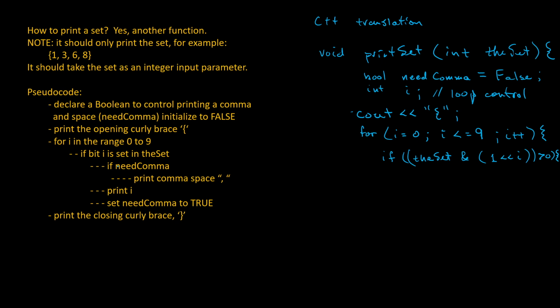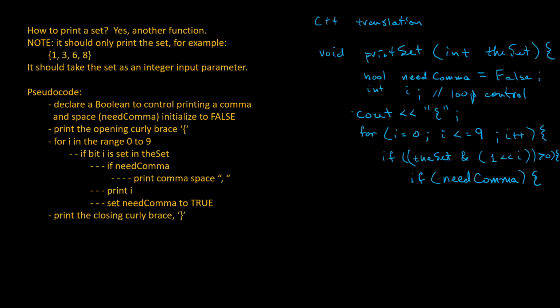So that is the if bit i is in the set, that's the outer if statement. Then I check if need comma is true. The first time through, need comma is false. Going through code is very difficult.